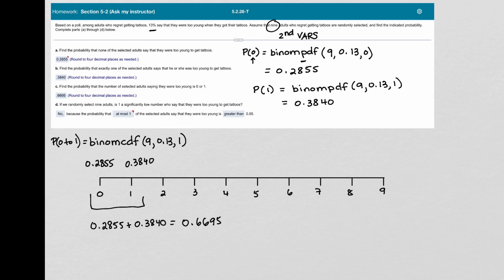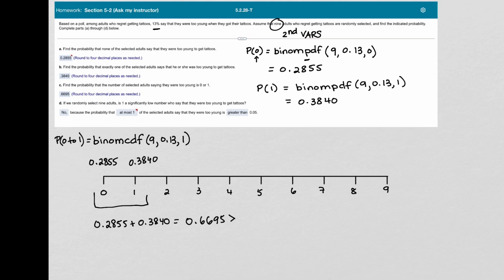So now in the last part, it says if we randomly select 9 adults, is 1 a significantly low number? And we would say no, because the probability of getting anywhere from 0 to 1 success, so at most 1 success, is greater than 0.05.